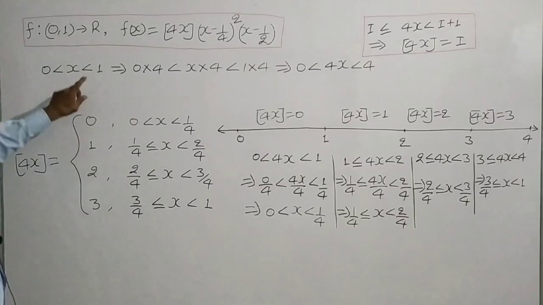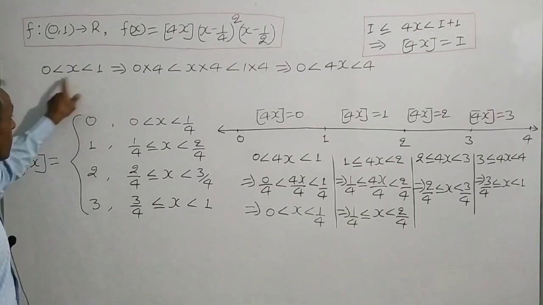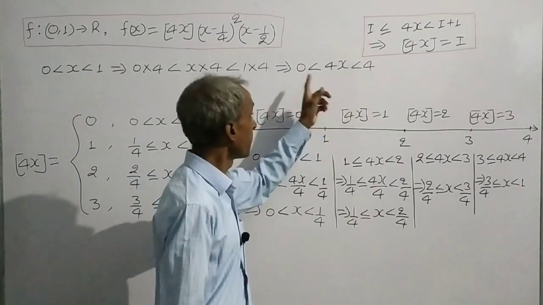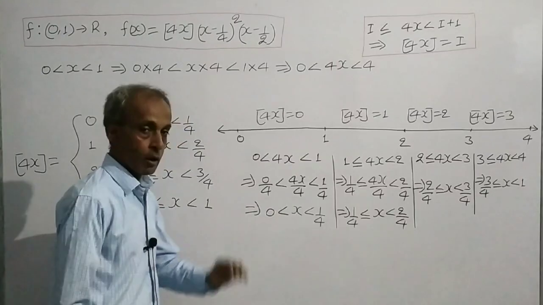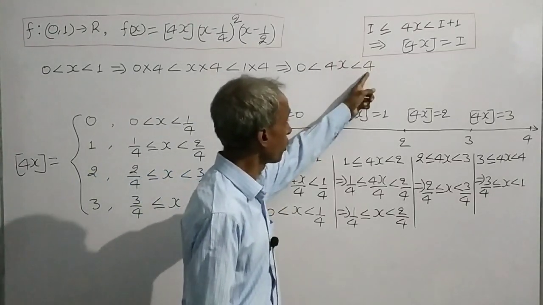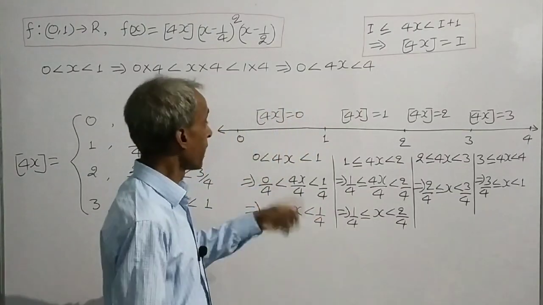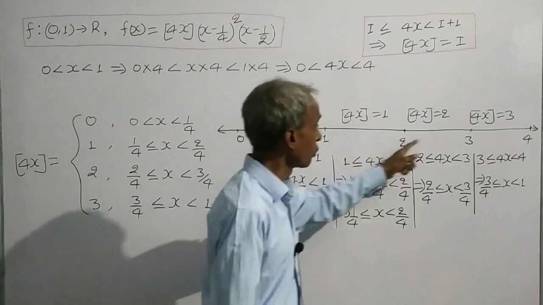When x lies in this interval, then 4x will lie in this interval. On the number line, we write integer 0 and 4 and all integers lying between these two: 1, 2, 3.